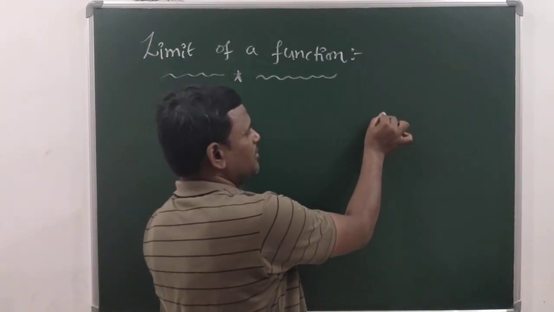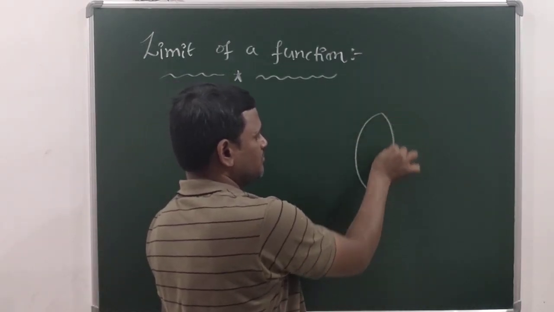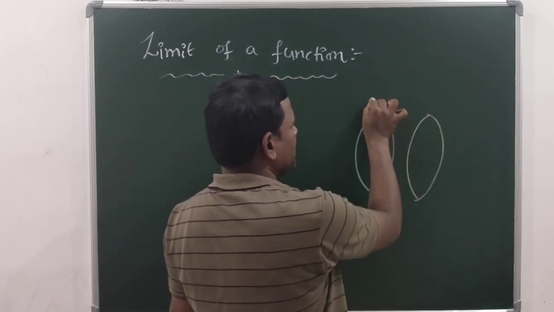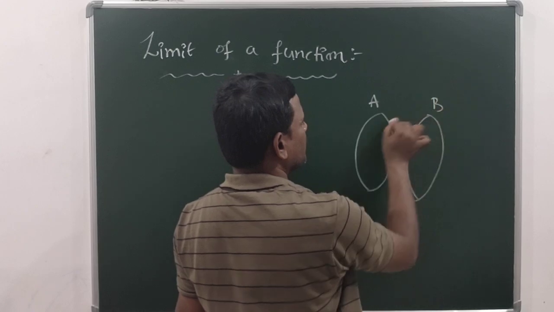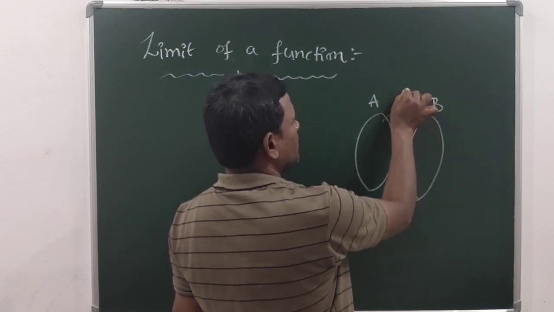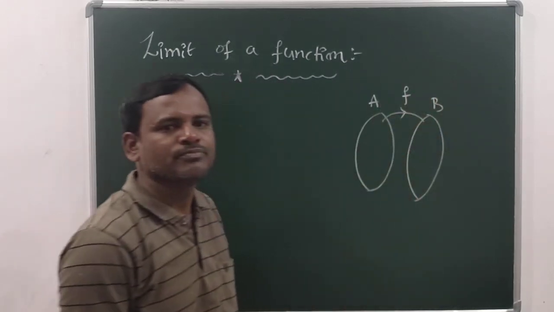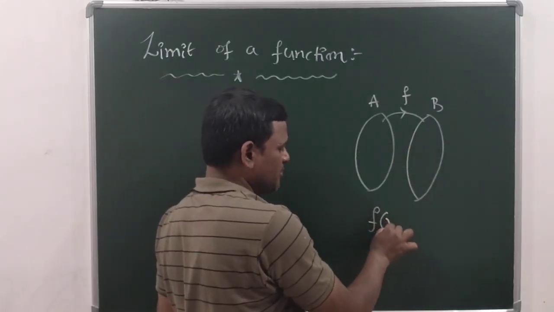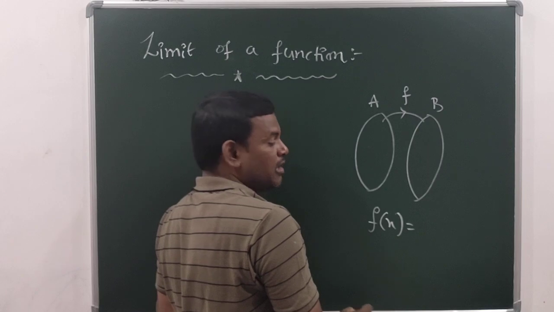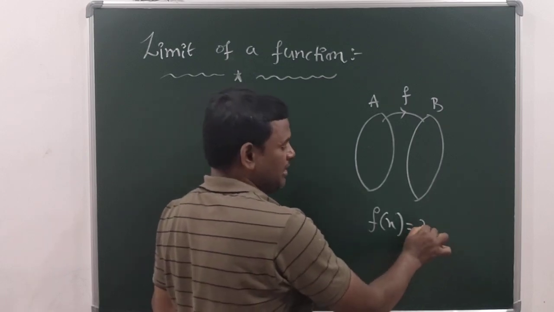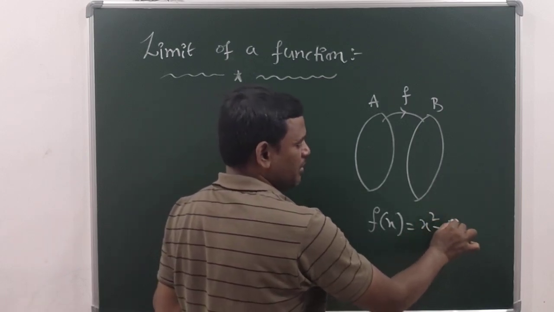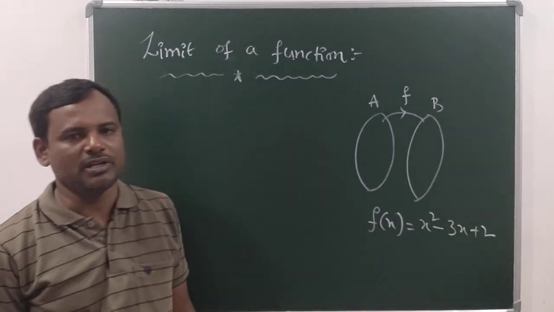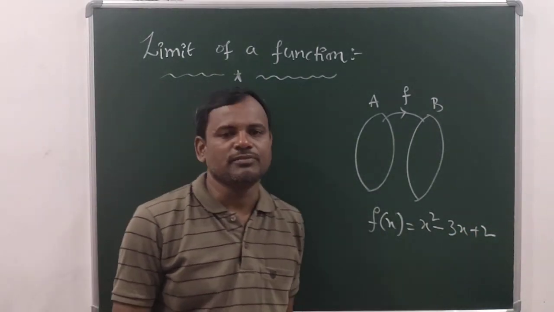There is one real valued function mapping from set A to set B. f is a function mapping from set A to set B. Suppose you consider a quadratic polynomial function, let us take x square minus 3x plus 2. It is one quadratic polynomial function.